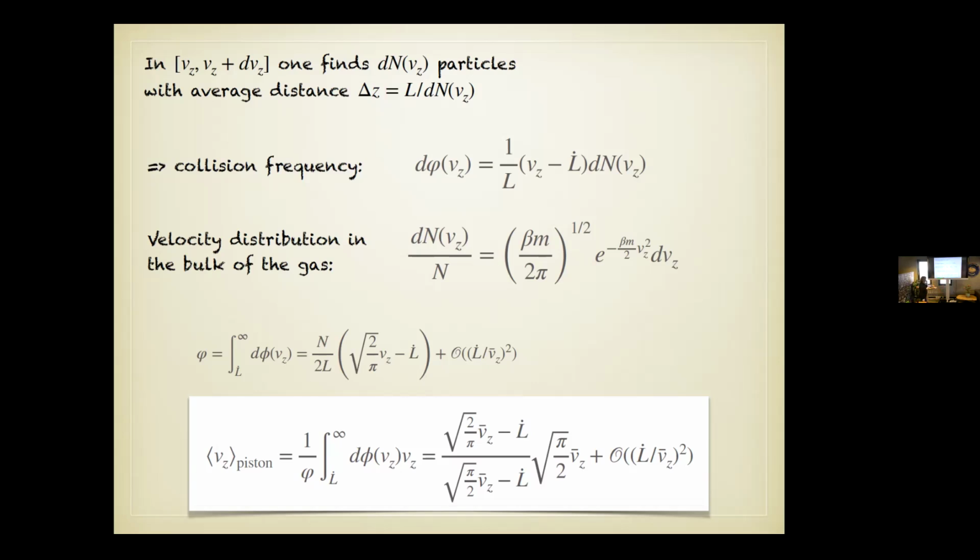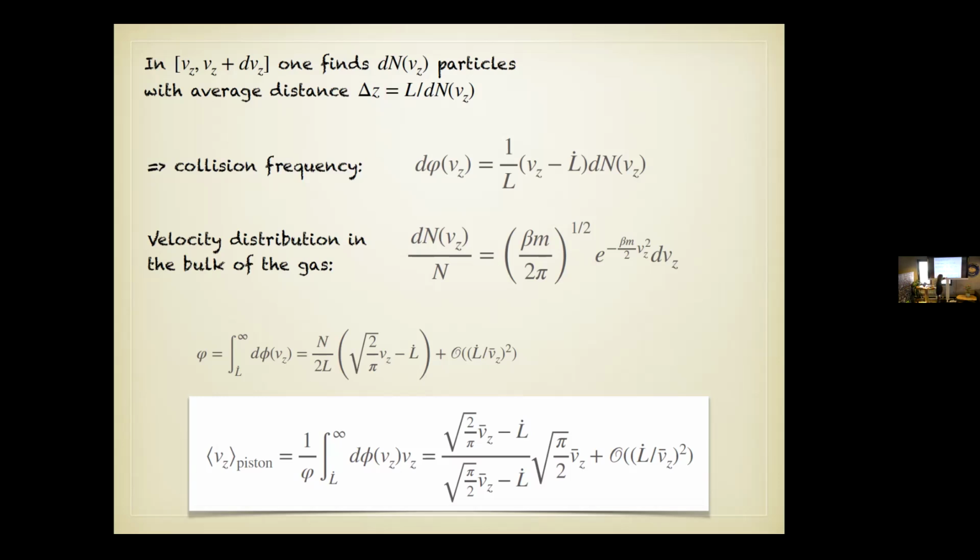So if the particle velocity is a Gaussian in the bulk of the gas, then the average velocity of particles colliding with the piston is given by this formula. You start here at the bottom with L dot, because all particles that go in the other direction or are slower than L dot cannot catch up with the piston. So that's the lower part. The upper part is also clear.